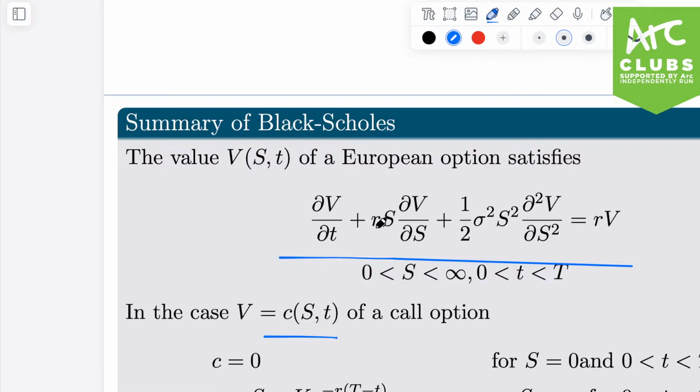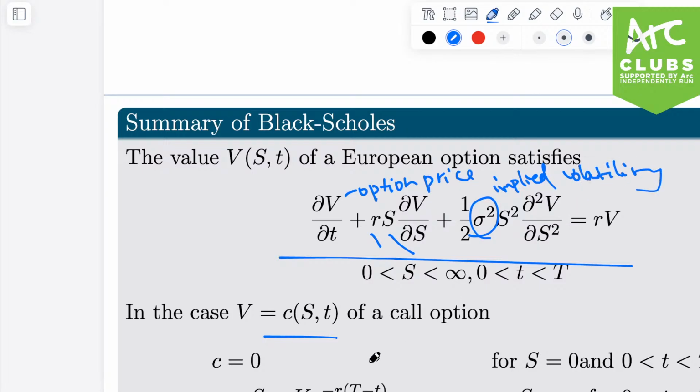So V is the option price. R is a risk-free rate. S is asset price. Sigma is implied volatility. So for call option, if S equals 0 at time t, then call option will just be 0, right?